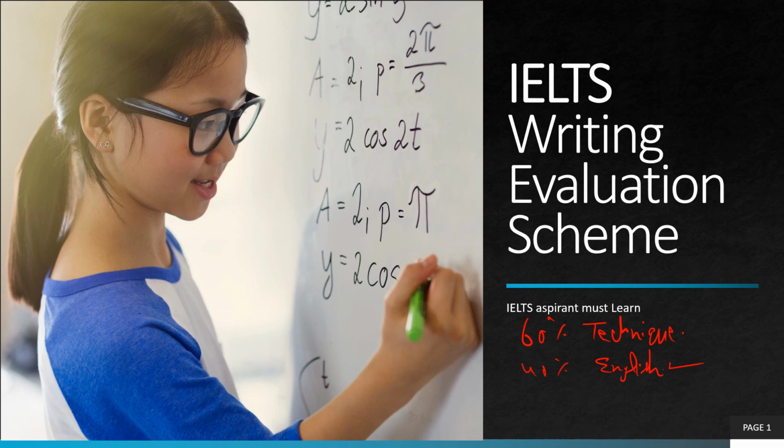So if you are using the proper technique to write English in order to crack your IELTS exam, especially the writing module, you can crack it in the very first attempt, because it is not a big deal if you are following these two things, and the larger part is covered by the technique which is followed by the candidate to attempt the writing module. It is not only including writing task 2, but I'm talking about task 1 and task 2 as well.